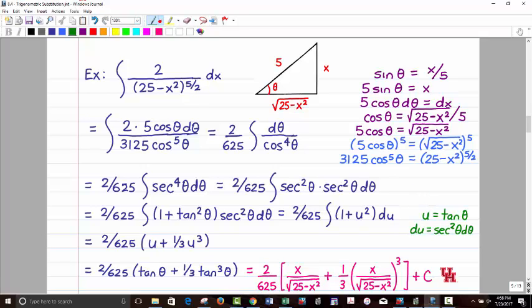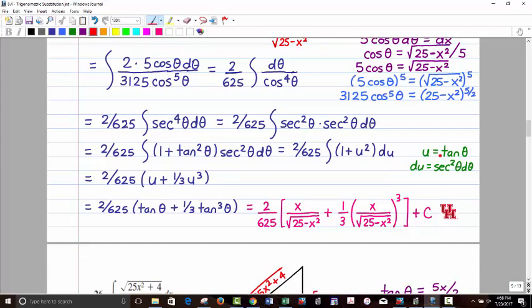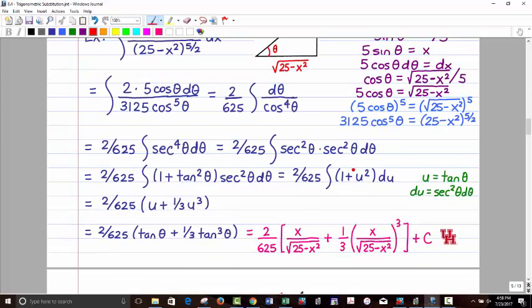All right. It's a perfect fit, 1 plus u squared. Take the antiderivative, which for 1 will be u, and for u squared will be 1/3 u cubed. Put tangent back in there, so we have tangent plus 1/3 tangent cubed, and now we get tangent from the triangle.